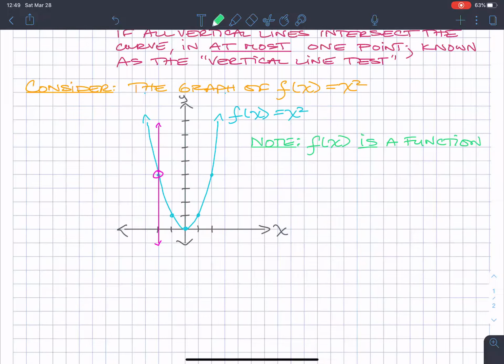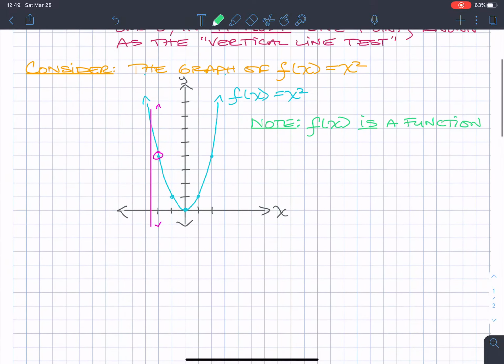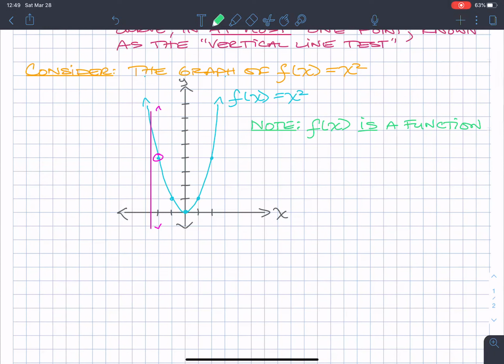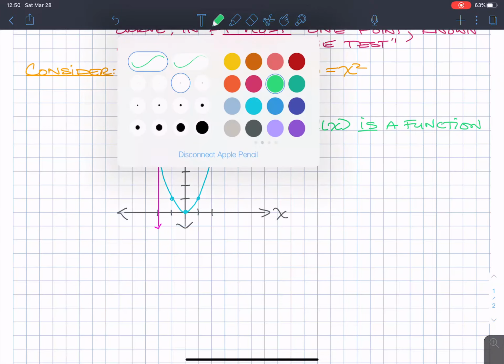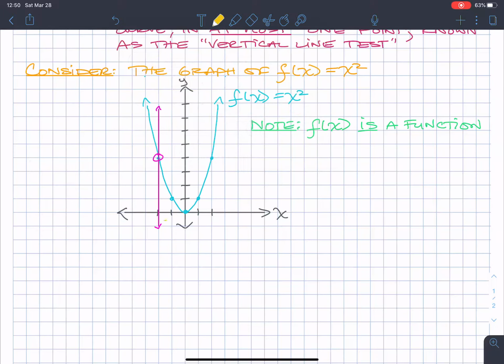But on that note, let me look at -1 and 1.